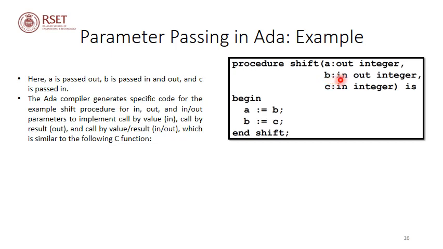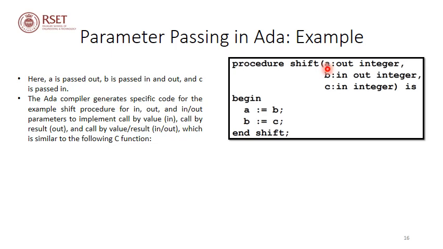That means initially the value of the actual parameter will be copied to B. Then we'll do some operations with B inside the function, and the resultant value of the formal parameter B will be copied back to the actual parameter when the function returns. In the case of A, it is an out parameter. That means that A's value will not be initialized in the beginning.